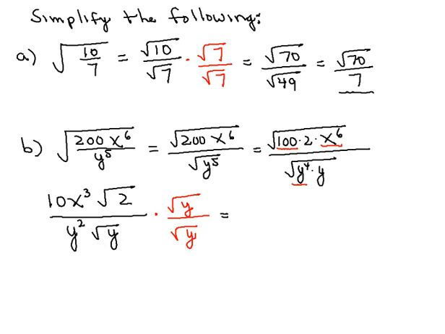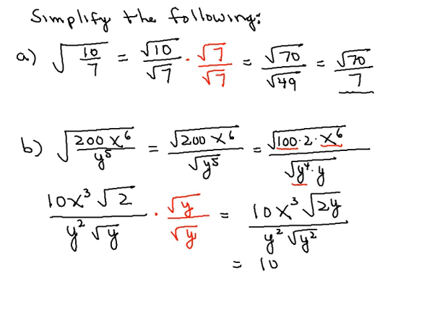So in the numerator we will have 10x cubed times the square root of 2y. Denominator, y squared times the square root of y squared.